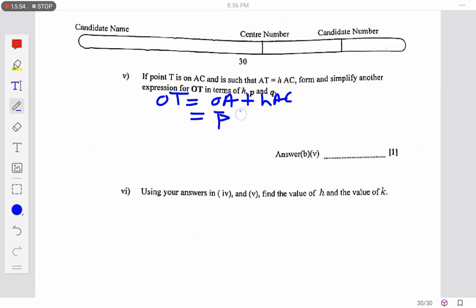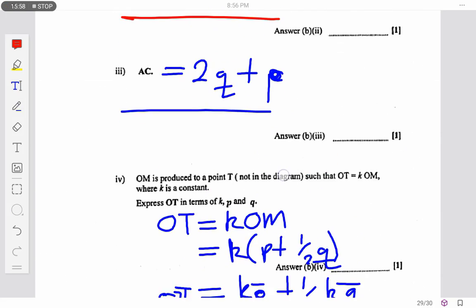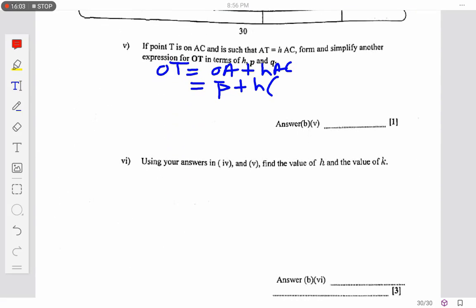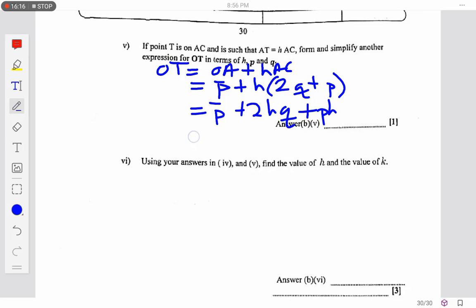OA, we said, is P, plus H AC, and we calculated AC as 2Q plus P. So let's write here 2Q plus P. Simplifying, we get here HP plus 2HQ plus P. Basically we get 1 plus H, P, plus 2HQ. So this is our OT here, like that.